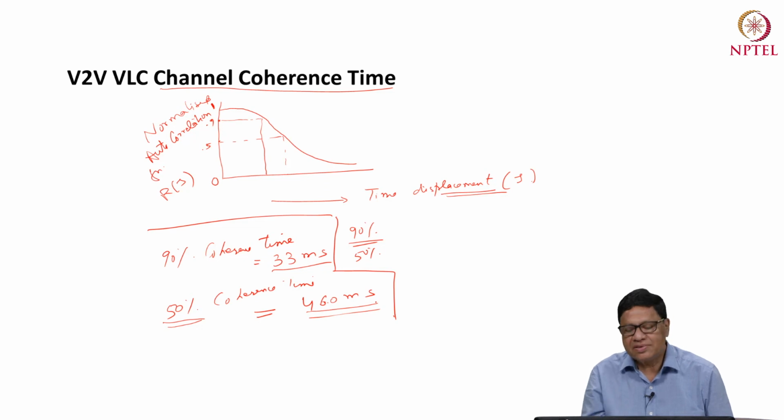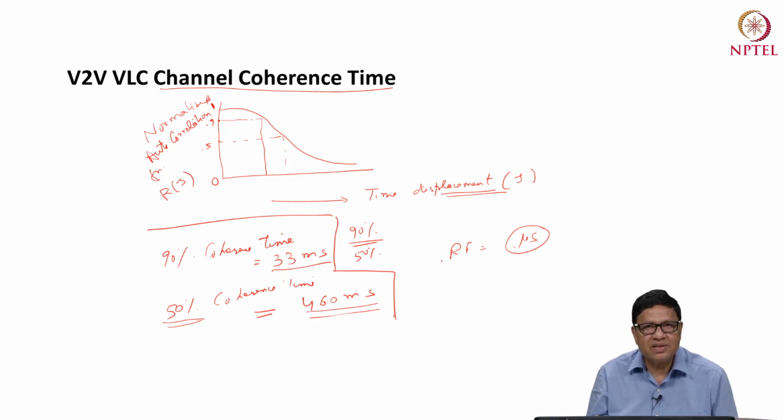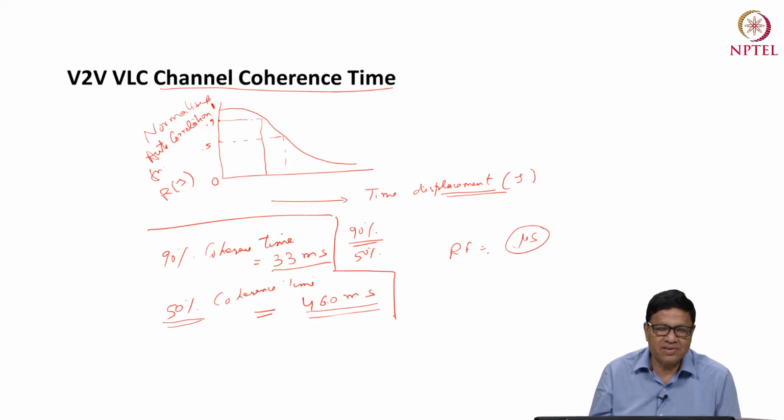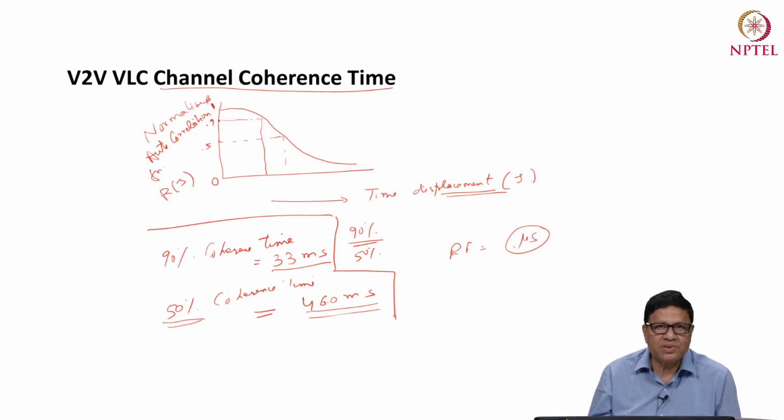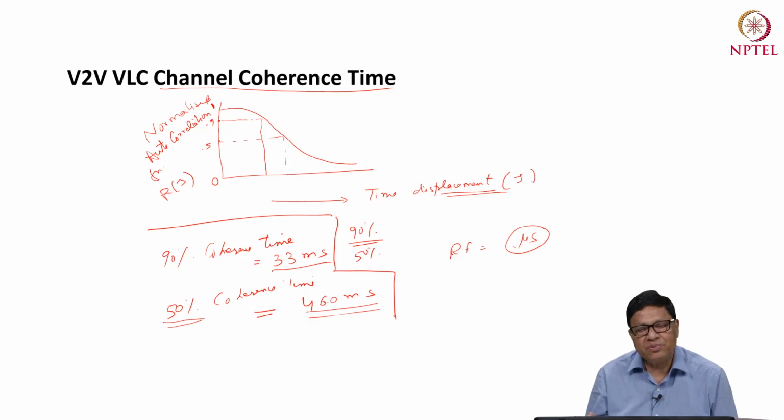But in the RF case, these values are in microsecond. So clearly, as far as coherence time is concerned, VLC is significantly better than its RF counterpart, with coherence time of the order of a few tenths of a millisecond as against microseconds in the case of RF.